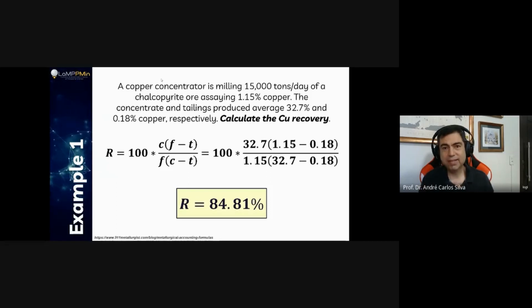We just mix the concentrate with part of the tailings in order to reach the grade that I have to deliver to my clients. Okay, so if the case is not to enrich, but to make my concentrate a little bit poorer, it's going to be quite easy. I just take the tailings and mix a little bit of it with my concentrate.